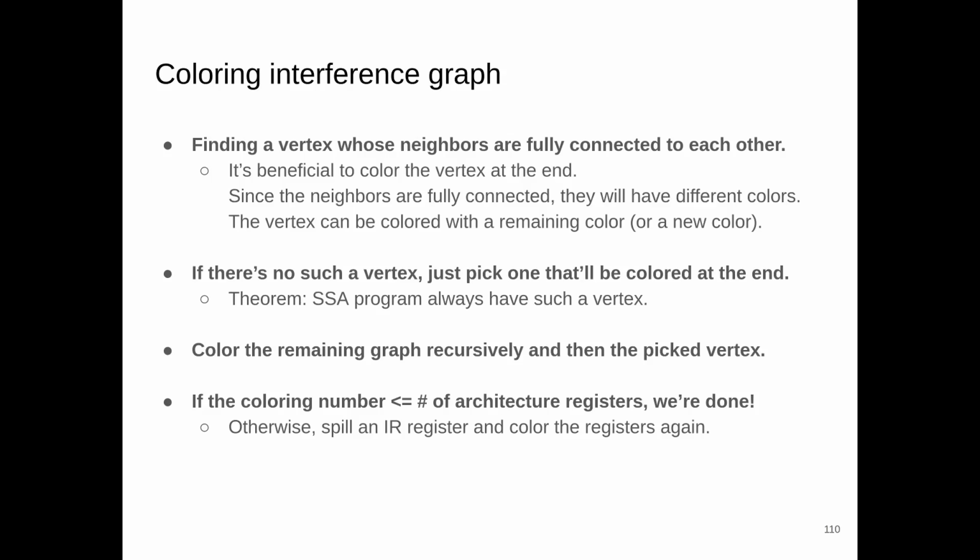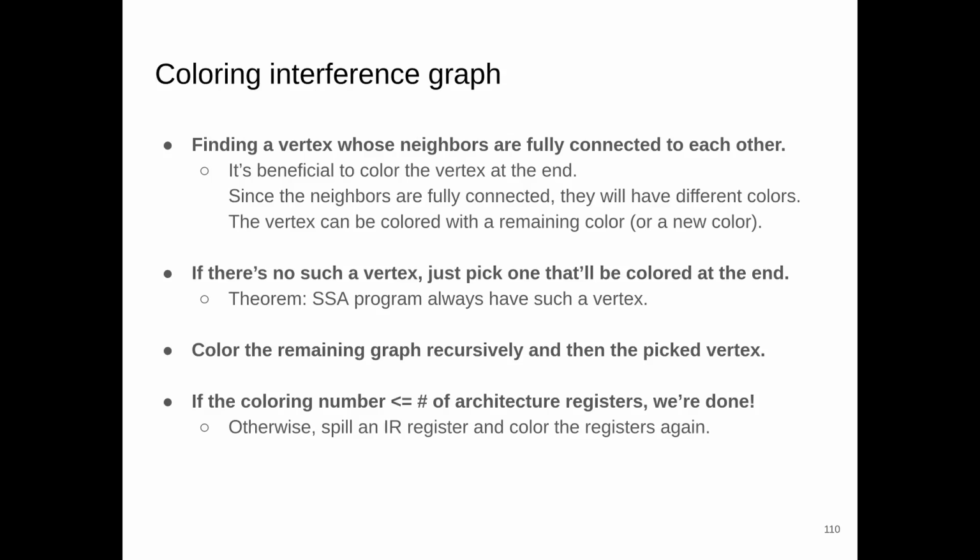That's the reason why it is an optimal strategy to color the vertices. So if there is a vertex whose neighbors are fully connected, then you just remove it, color, and then additionally color this removed vertex using this strategy. That will give you the best recursive algorithm for coloring a graph.